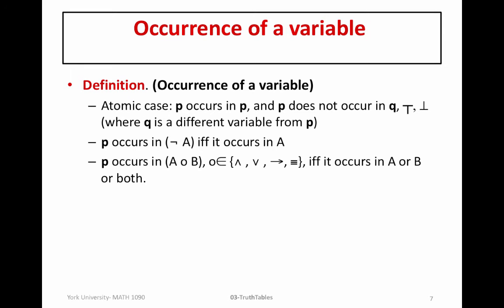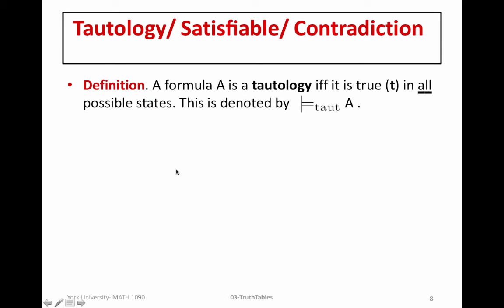Okay, so finally, we can arrive at reviewing what a tautology is, what satisfiable means, and what a contradiction is. So we define a formula A to be a tautology if and only if it is true in all possible states. And we denote this by this symbol.